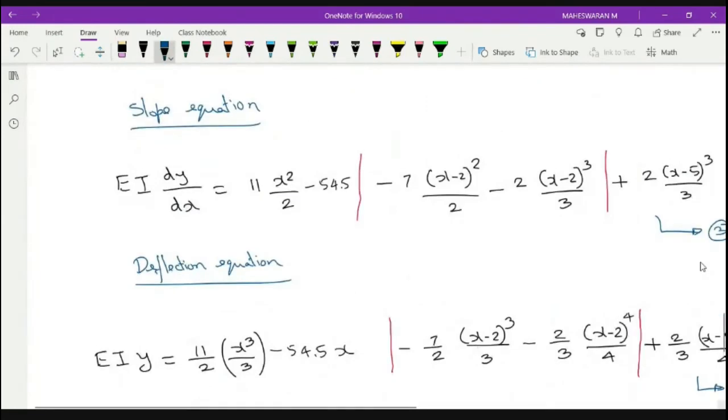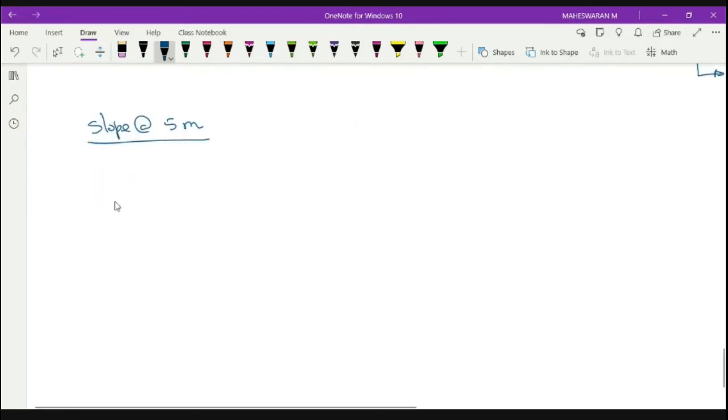In equation 3, I should consider the equation up to 5 meter. So substitute 5, positive value here. Substitute here 5 minus 2, 3, positive value. Here 5 minus 5 is 0, so no need to consider this. So my equation is this. What is my slope equation?